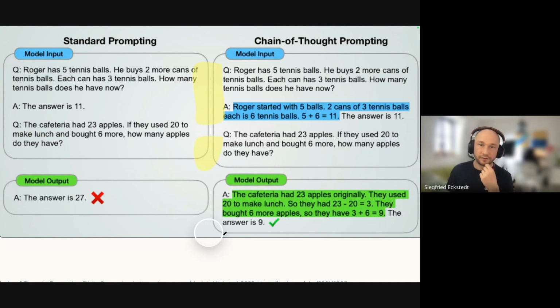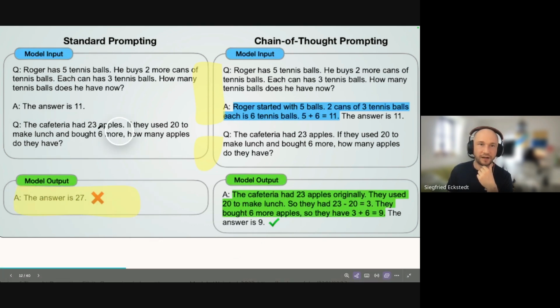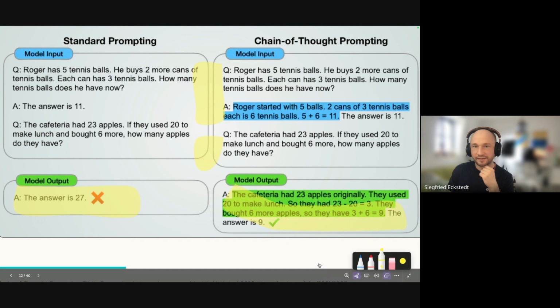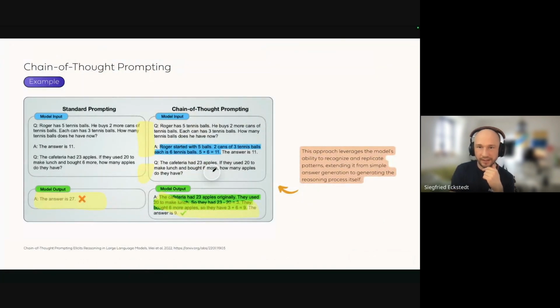And as it does so, compared to standard prompting, where you see with the example on the left-hand side it actually makes a mistake in calculating how many apples the cafeteria has, it comes up with the right answer with the chain of thought technique applied.